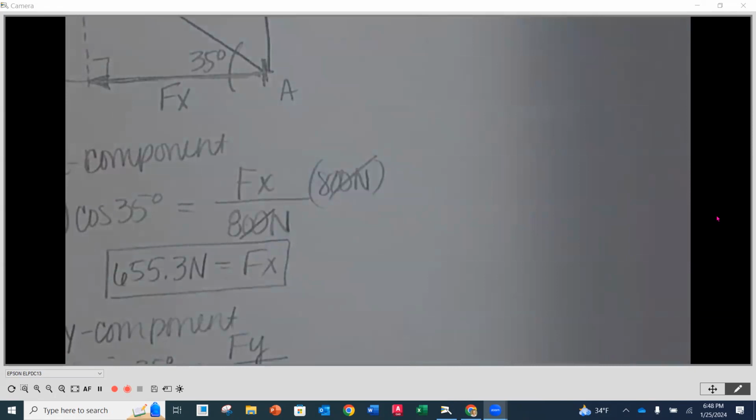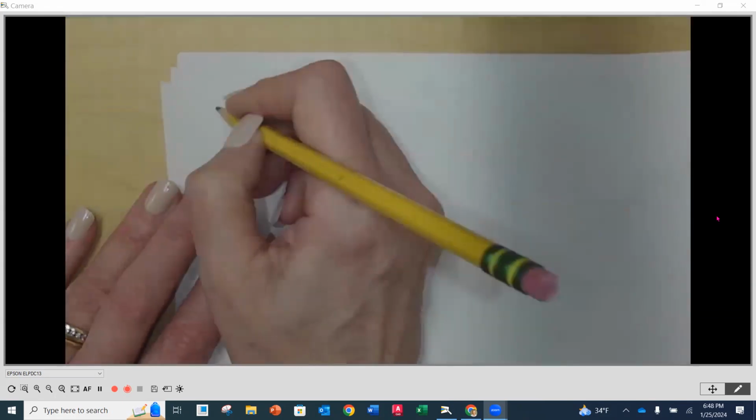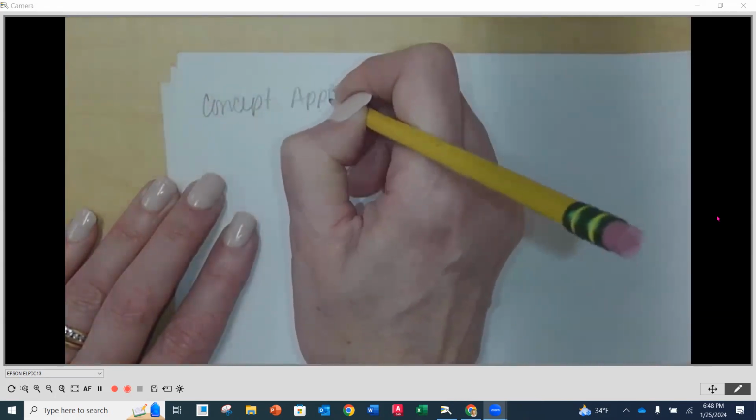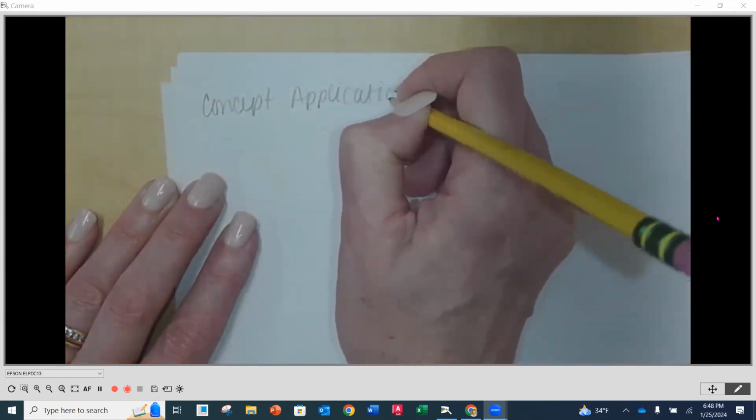So let's first draw our diagram. This is going to be concept application 2.2. We're on page 31.